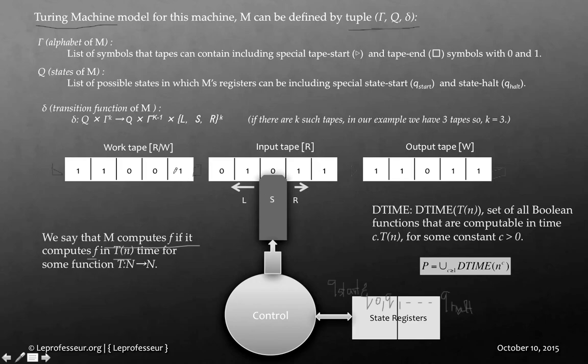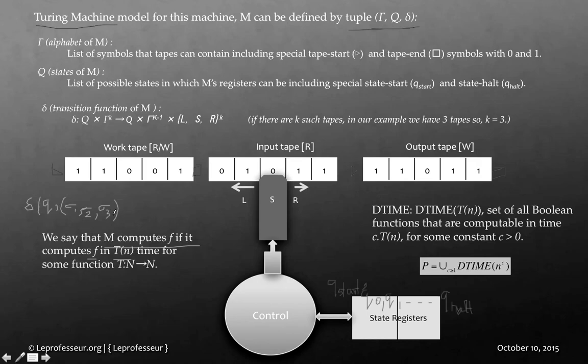Now we were saying that the delta, how can we write it in a formal way? Delta is a transition function. Now we are in the state Q, and let's say we are reading sigma 1, the alphabet from tape 1, sigma 2, the alphabet from tape 2, and sigma 3, the alphabet from tape 3. We have only 3 tapes.